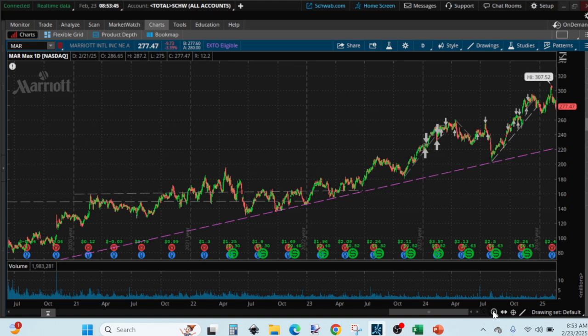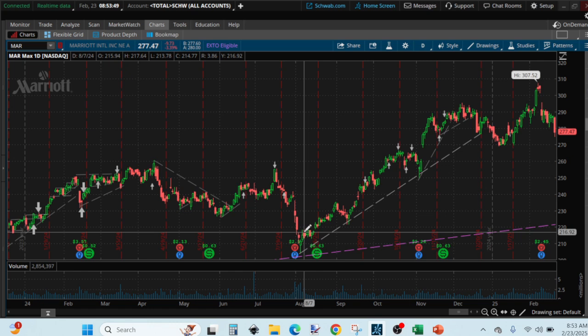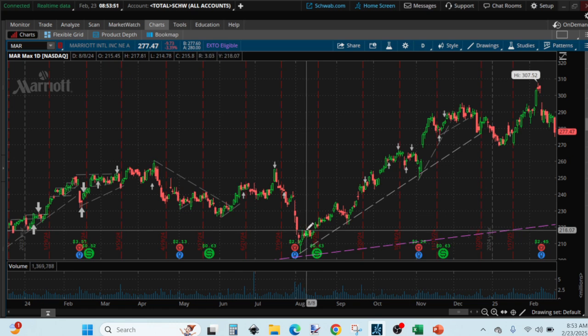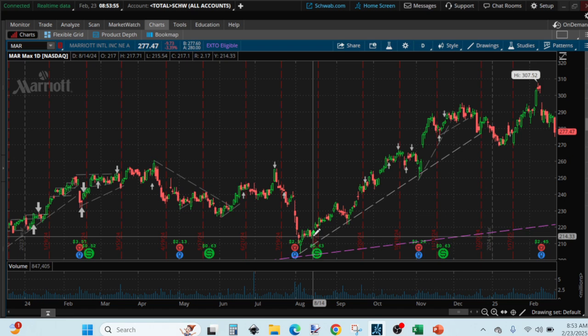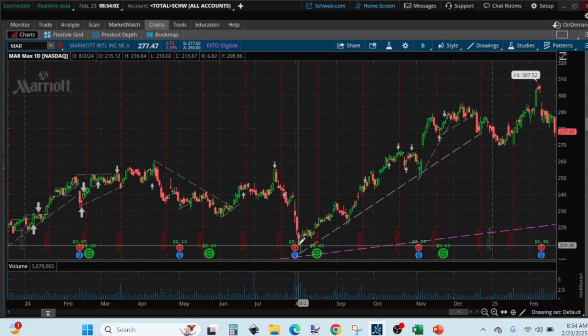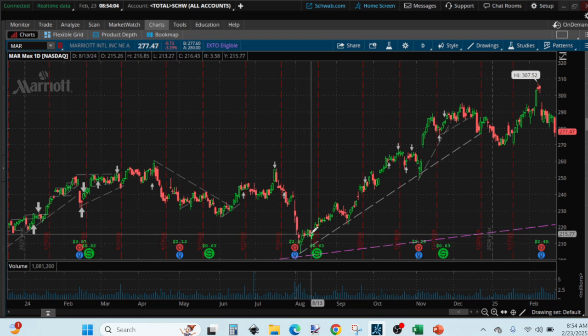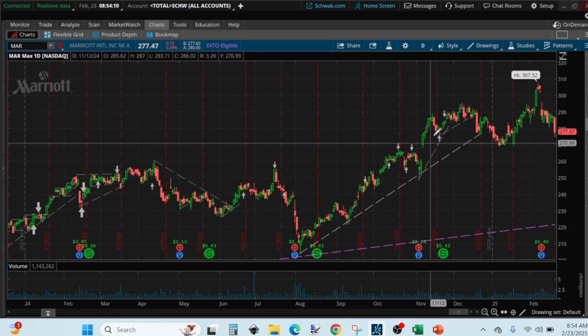So hold on, do you see this green bar, this red bar there, and then this green? It could be an entry point for us, or this green bar, because this pullback is higher than this one. So we start having higher lows, we can get in and just stay in.